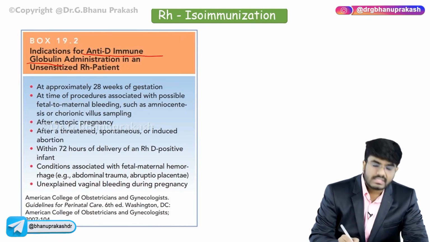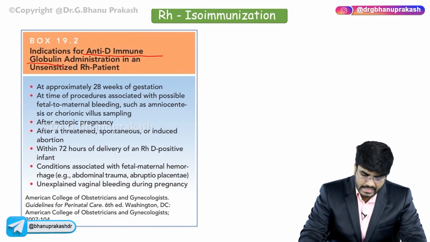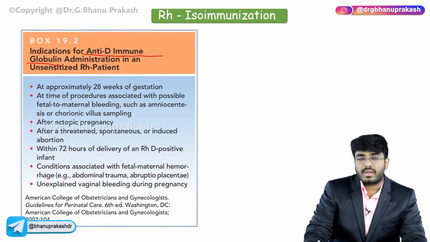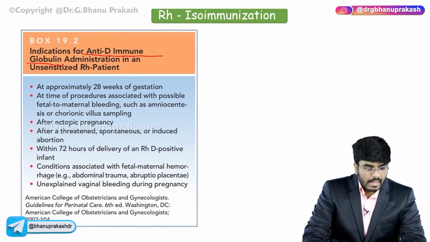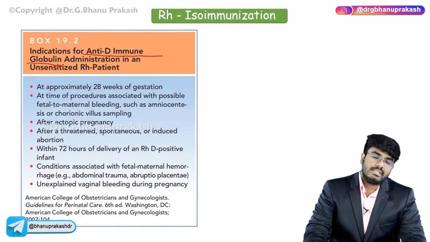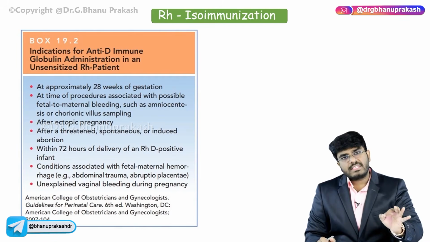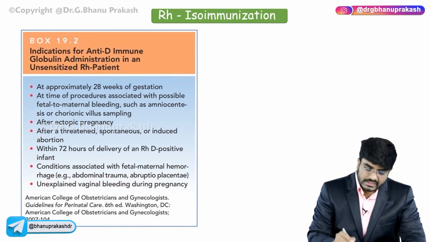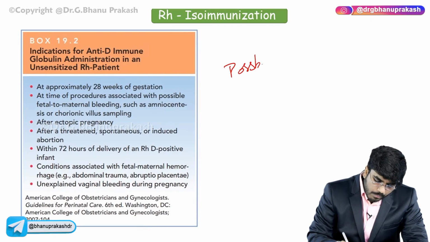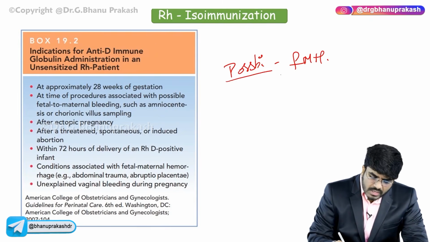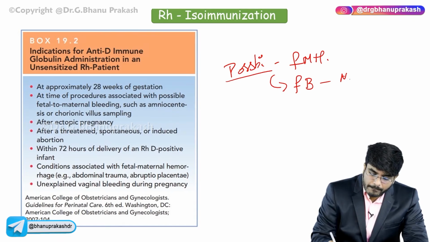Where else can we use these anti-D antibodies? Prophylactically we can use them in RH negative pregnancies. Other than RH negative pregnancies, we can also use anti-D in certain other conditions: wherever there is a possibility of feto-maternal hemorrhage, or fetal blood mixing with the maternal blood.